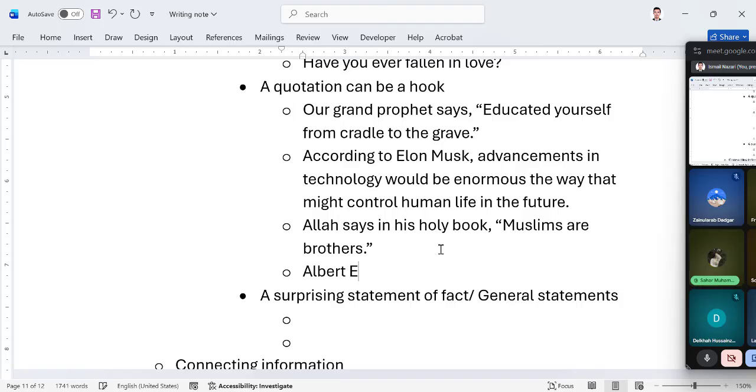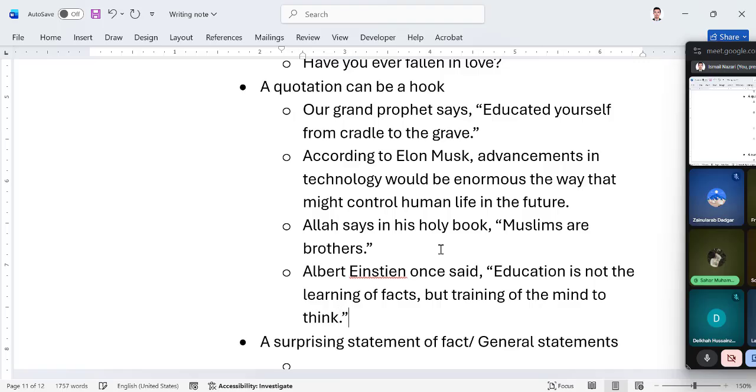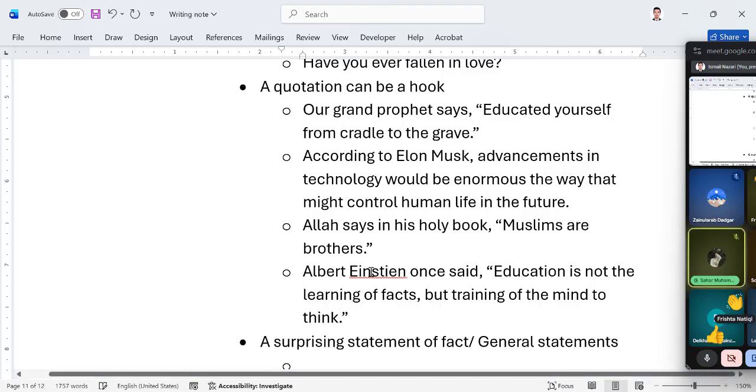Okay, Albert Einstein once said, education is not the learning of facts, but the training of the mind to think. Yes. Thank you.